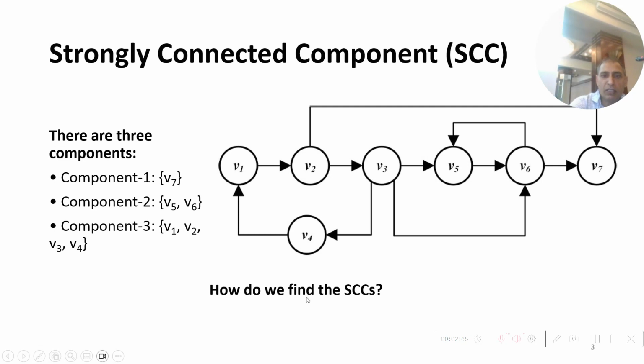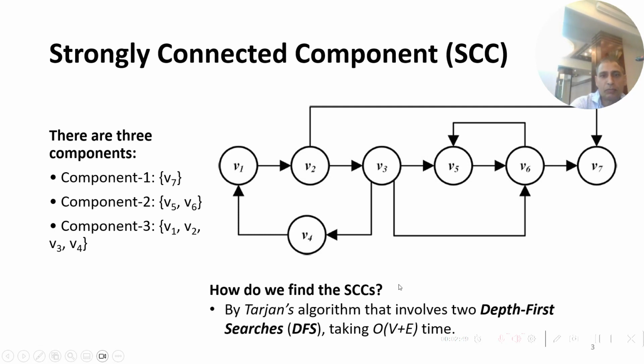How do we find the strongly connected components? By Tarjan's algorithm, which involves two depth first searches, DFS, taking O(V plus E) time.